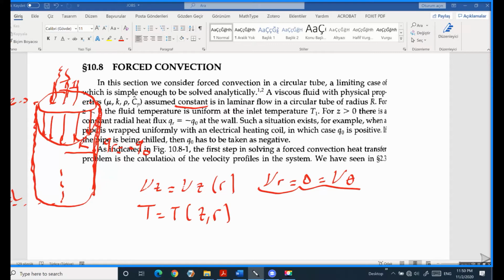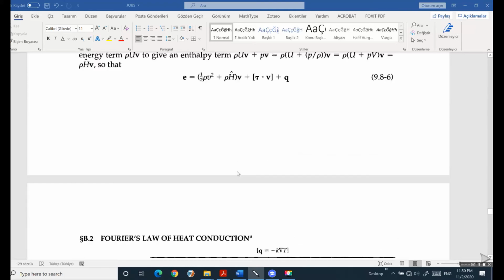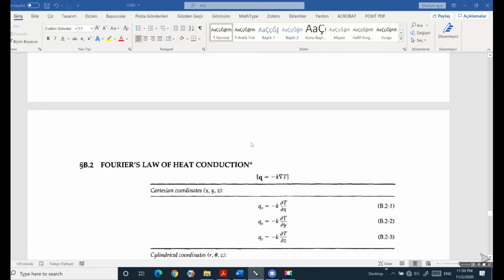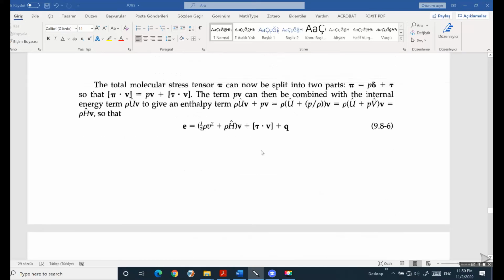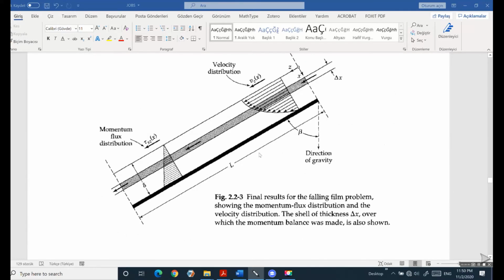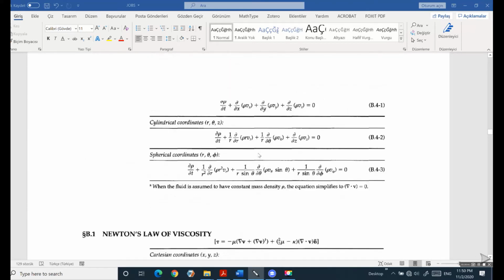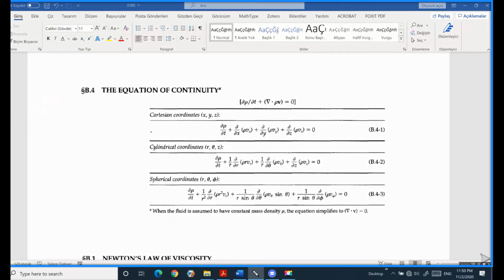Let's continue our discussion. First of all, for this problem, let's check our equation of continuity. You can find the equation of continuity in the table in appendix B. For this problem, we are in cylindrical coordinates.